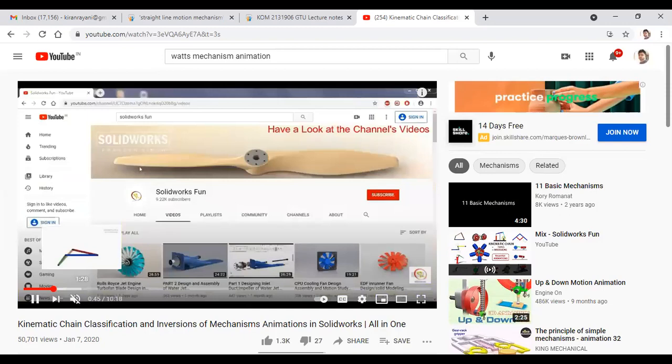We can see the Watt's mechanism. So the green color link is the coupling rod, and these two are the fixed length links, which are fixed at one end.